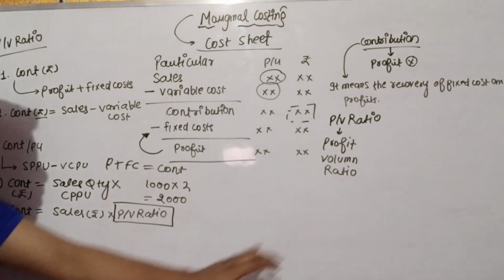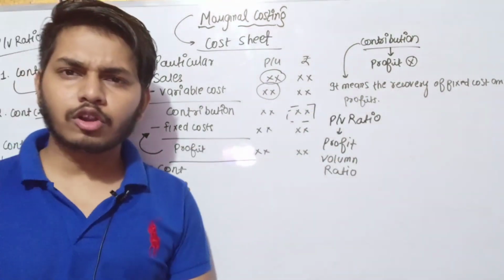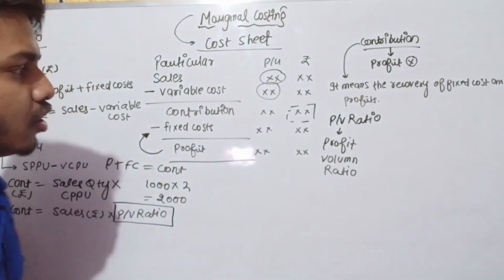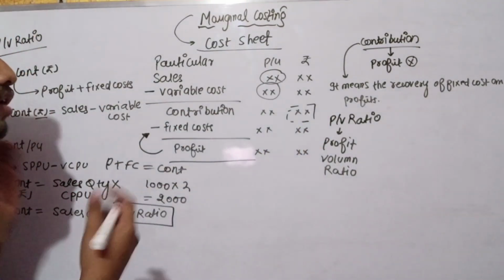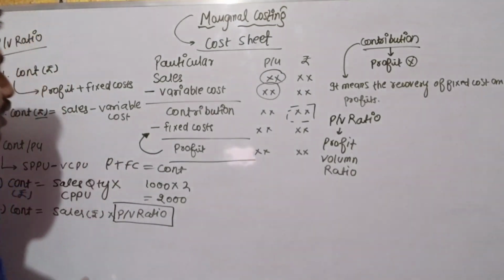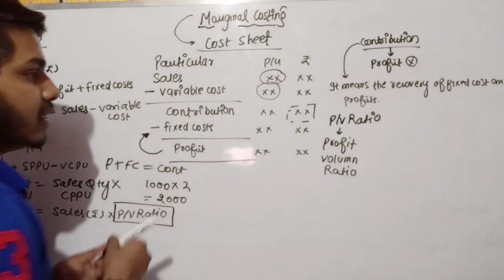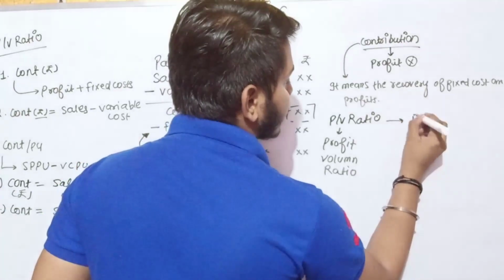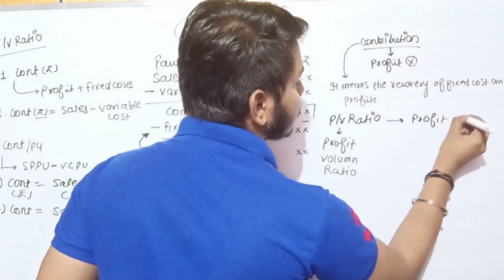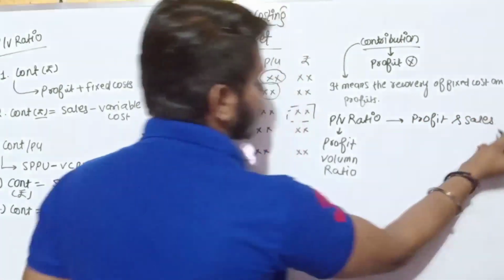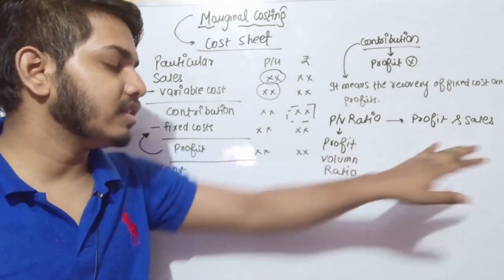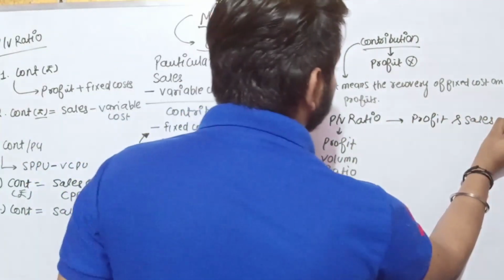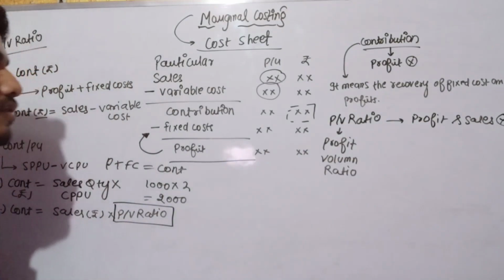What can it be? Many students, or if you ask a common man, would respond that it might be a relationship or a ratio between profit and sales, isn't it? In layman's language it would be a relationship between profit and sales, but this is not a relationship between profit and sales.